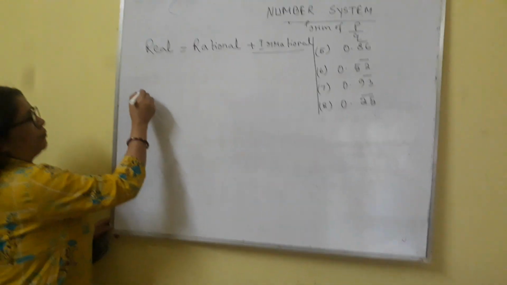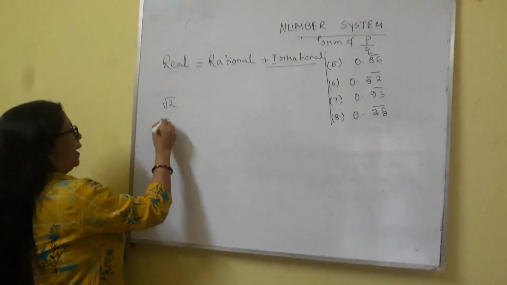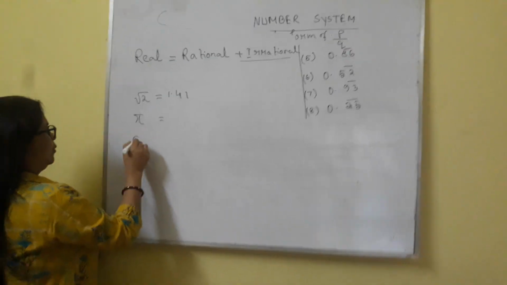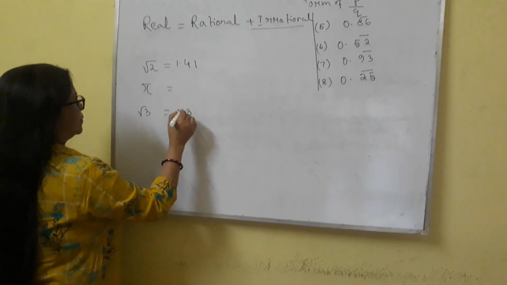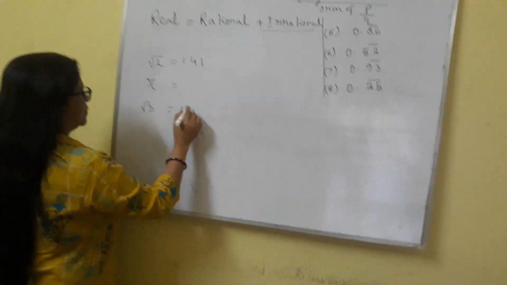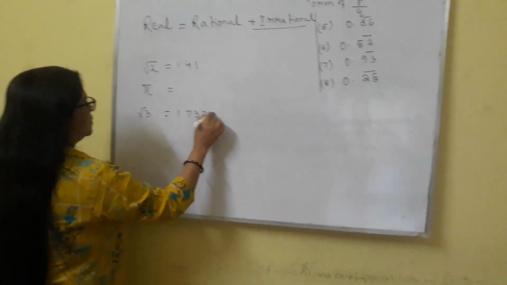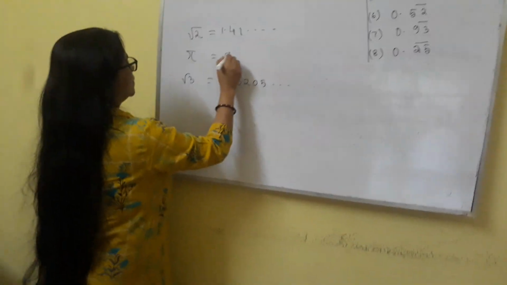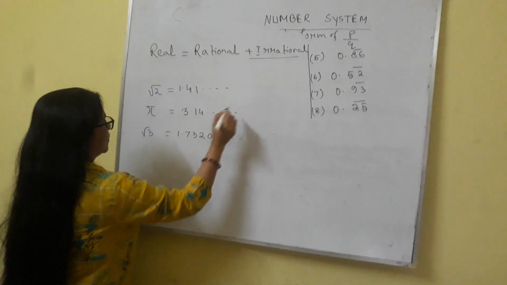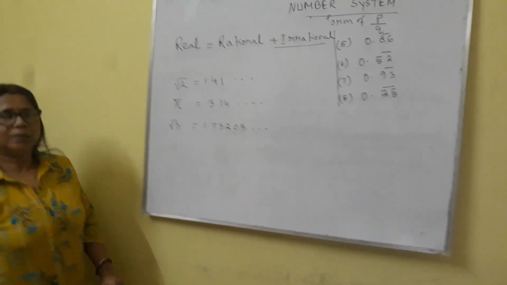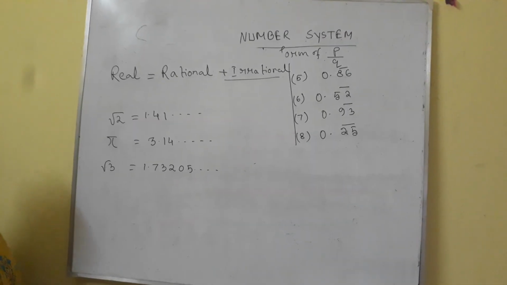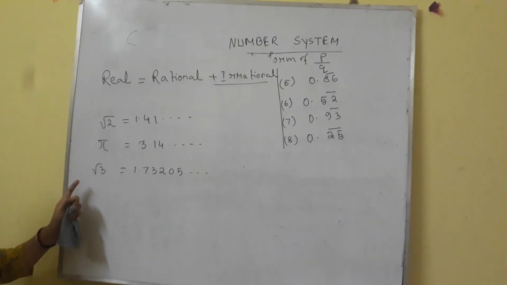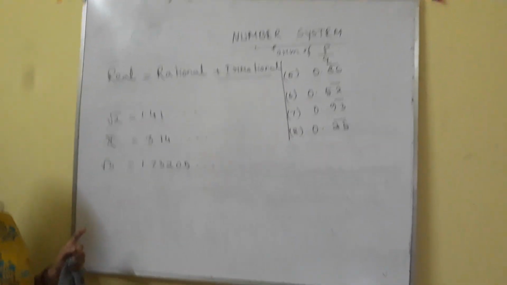I give examples: root 2, pi, root 3, these all are irrational numbers.